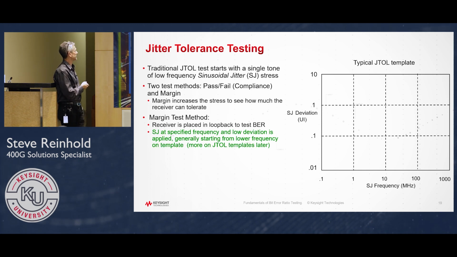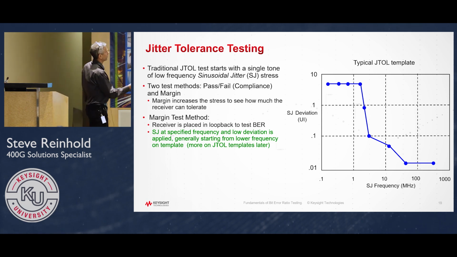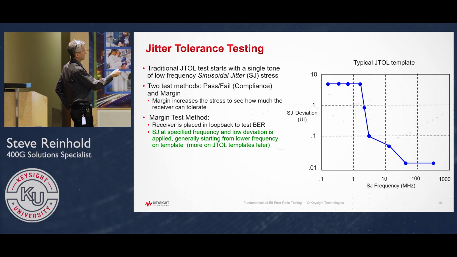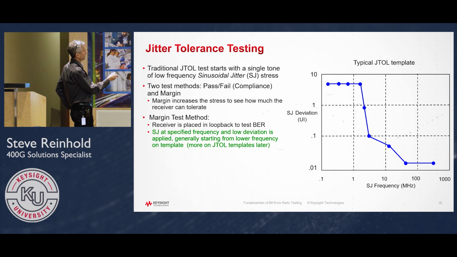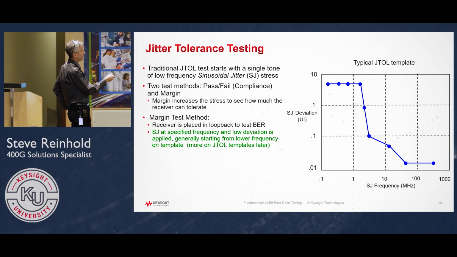So on the margin test method, you put the receiver in loopback, and you start stepping. I don't know if he has automations on here, but this would be a template. So these would be the test limits, and you'd start stepping your SJ amplitude up at this frequency, and hopefully your receiver would fail above this line.